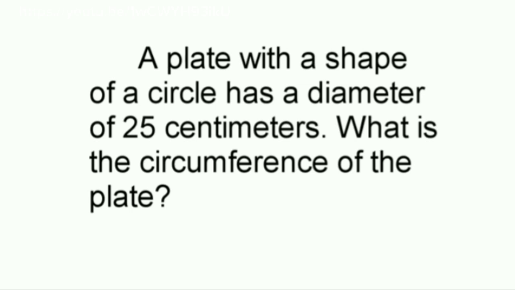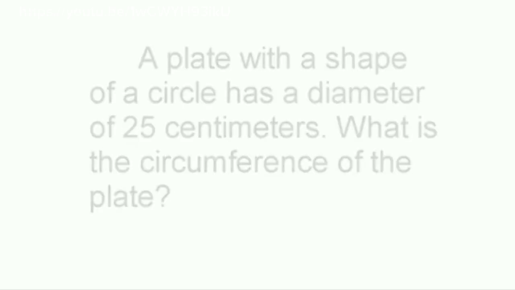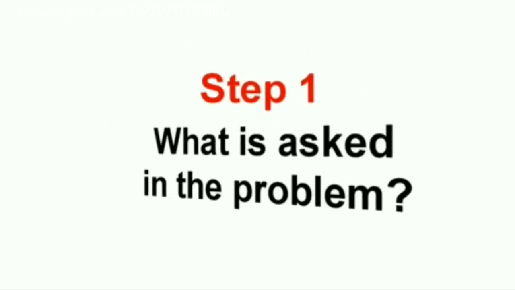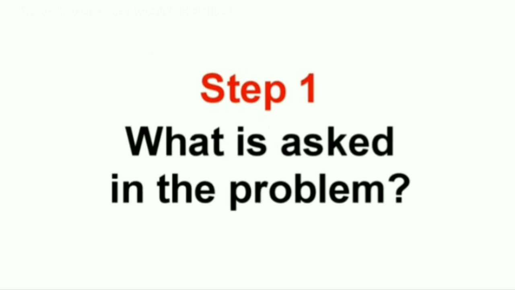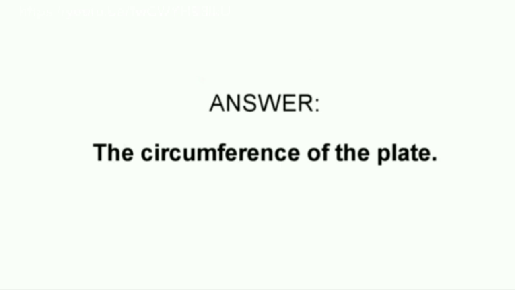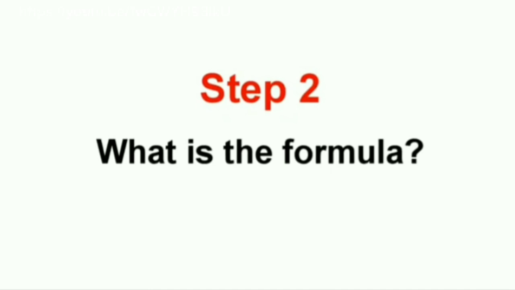We will solve this problem using the steps that we have a while ago. Step 1. What is asked in the problem? The circumference of the plate. Step 2. What is the formula? Since the diameter is given, the correct formula will be circumference equals pi times the diameter.